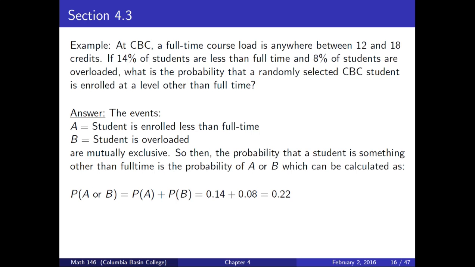So then if I want to calculate the probability of A or B, I can just add the two probabilities separately. So the probability of A or B is going to be the probability of A plus the probability of B because they're mutually exclusive. So it's going to be 0.14 plus 0.08. That's going to be a 22% chance of seeing that happen. And again, I can only add these together like this because those are mutually exclusive events.